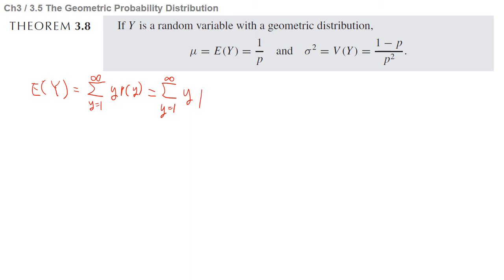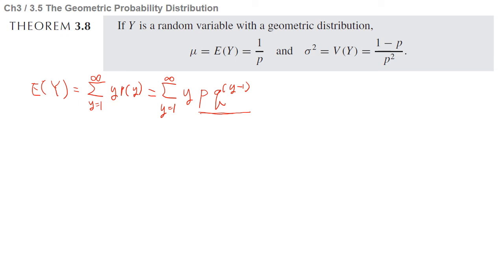Here p(y) is q^(y-1) times p, because at the last position we have success with probability p, and for the y minus 1 positions in front, we have failure with probability q.